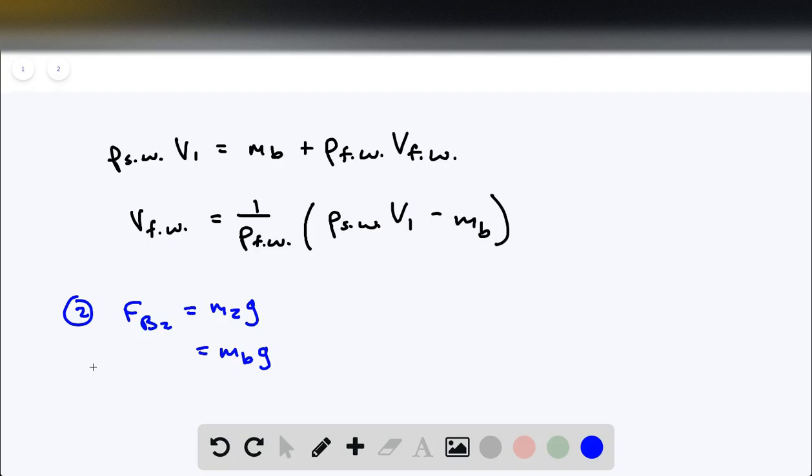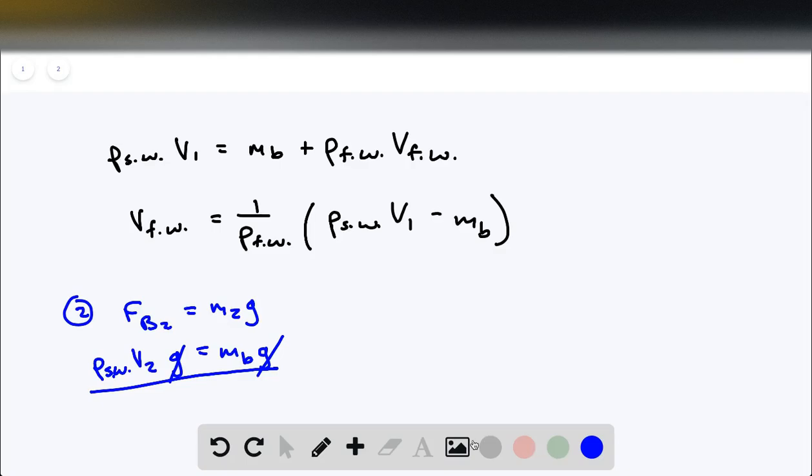And the buoyant force will be the density of salt water times the second volume. It's risen a bit, so the volume displaced is a little less. I'm calling that V2 times g. So again, you can cancel out the acceleration due to gravity. So that leaves us with an equation for the mass of the boat, which we can plug in to this equation up here.